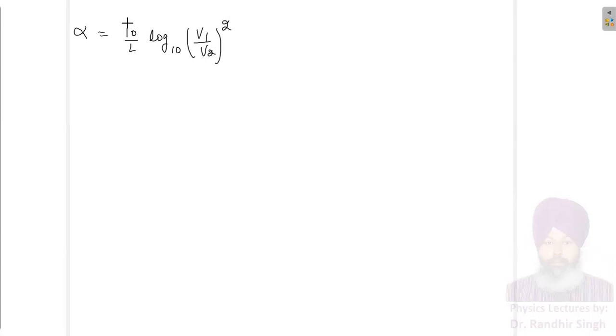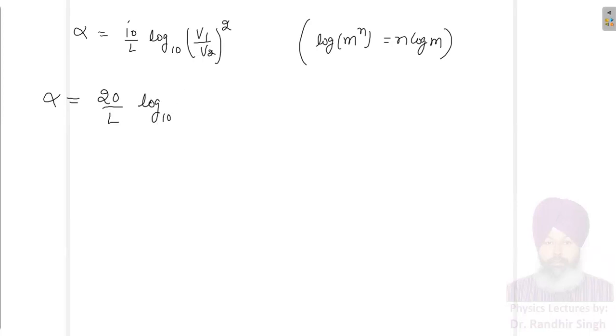This 2 will come here. We know that log m raised to power n is equal to n log m. Therefore, this formula will become alpha is equal to 20 upon L log to the base 10 of V1 upon V2.